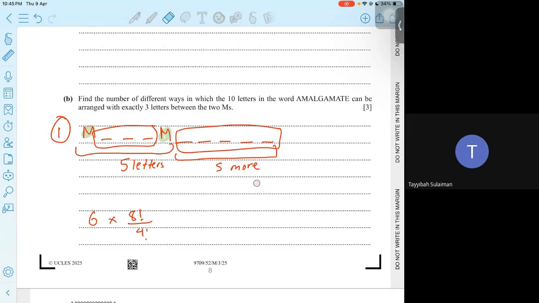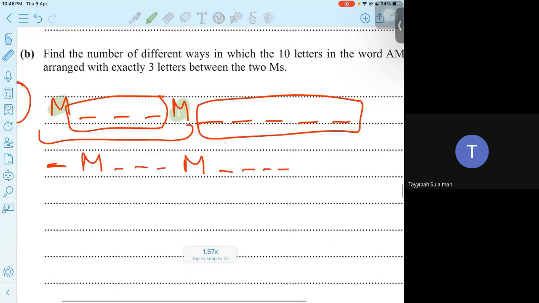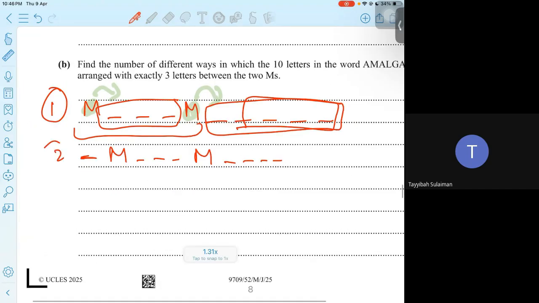Let me just erase all of these. The second scenario will look something like this. This is the 1, 2, 3. So if you notice this, I've shifted this only 1 box, right? I've shifted this also 1 box, and then there's 4 boxes remaining here, and one of the boxes popped up on the left-hand side, right? The third scenario would be blank, blank, then M1, 2, 3, M1, 2, 3.